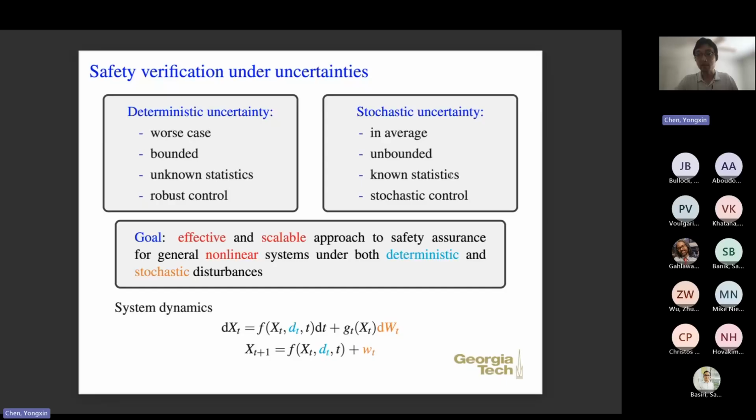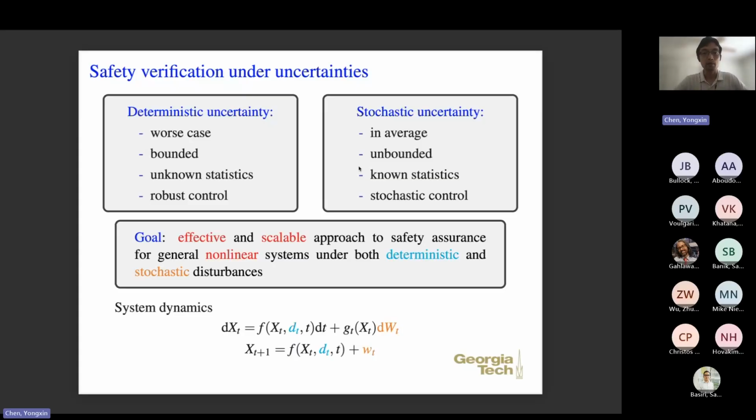You can learn these statistics, or people already know it is Gaussian, sub-Gaussian, these types of things. So this is a very different type of uncertainty model, and it is the main one used in another branch of control known as stochastic control. Both types of uncertainty appear in practice very often, and they may appear simultaneously.